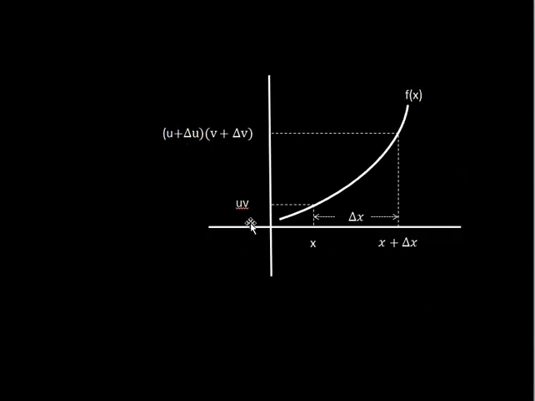So this is a simplified picture of what we just found. For a function that's equal to u times v, the two points that we need in order to compute the derivative are u times v, and u plus delta u times v plus delta v.